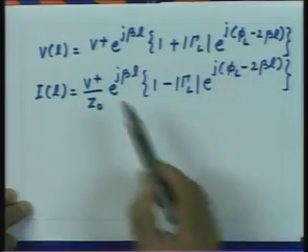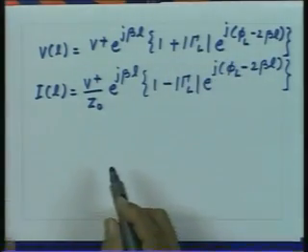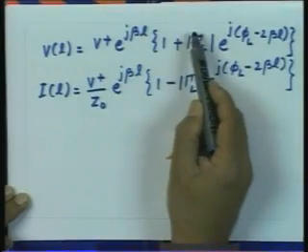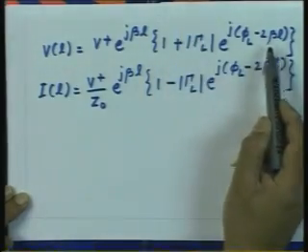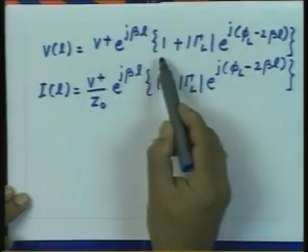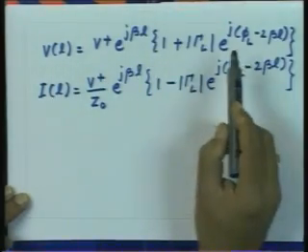Or in terms of the complex plane, when the phase becomes more negative, essentially we move in the clockwise direction. So, by moving towards the generator, the phase becomes more and more negative. The amplitude of this term remains constant, and the total voltage will be the vector sum of this term and this term.